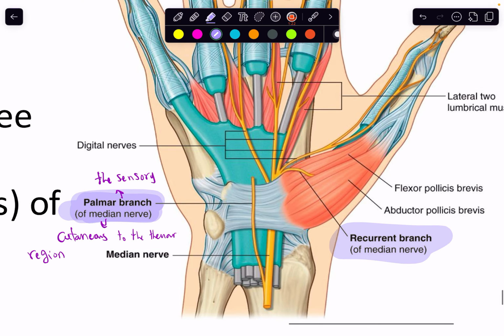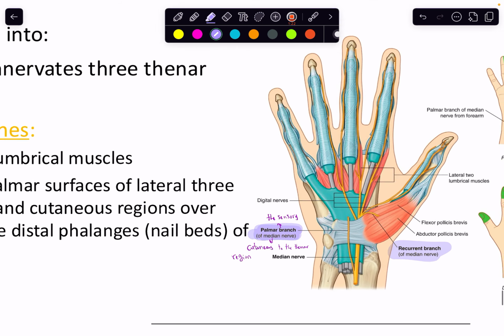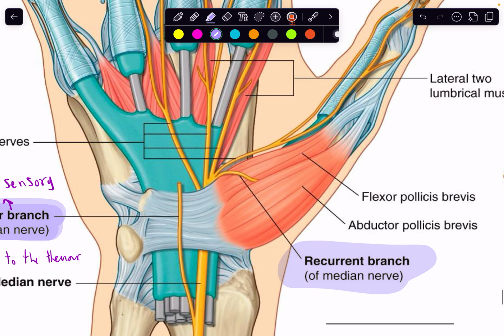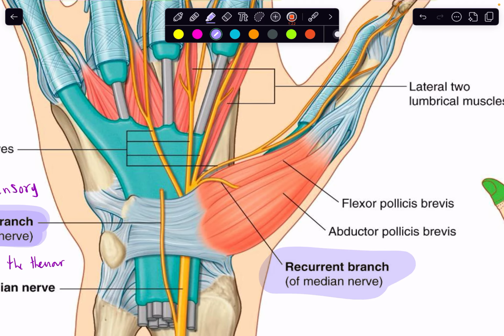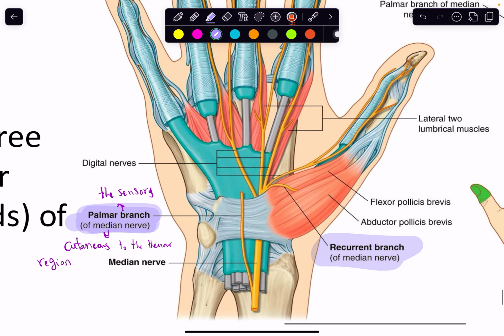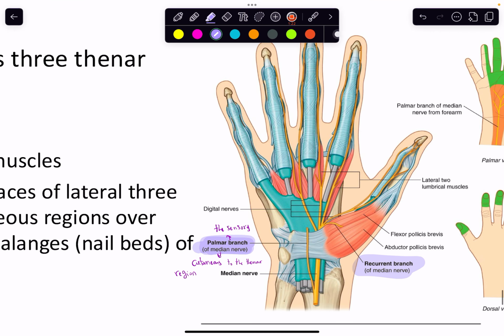These recurrent branches are all like this. Like at the elbow, you cross the elbow, then you think, oh, I have to give the blood supply. So this is the recurrent nerve supplying the three muscles, not the four, as the adductor is supplied by the ulnar. So this is the motor branch, and the other ones will go and innervate the skin. Median nerve.